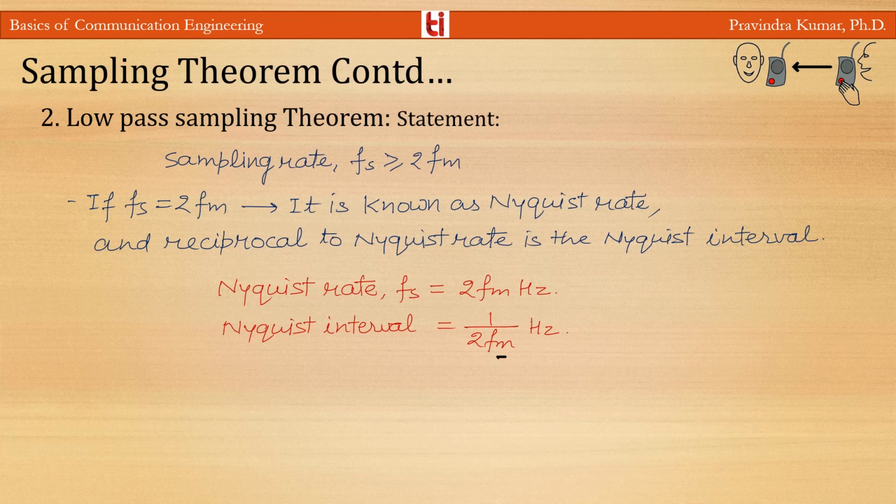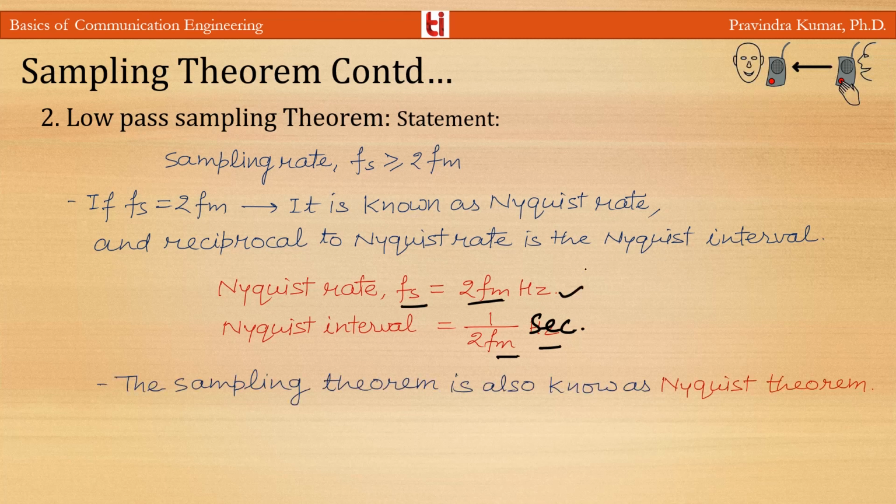So the Nyquist interval is 1 by 2 fm seconds, and the Nyquist rate fs is 2 fm hertz. The sampling theorem is also known as the Nyquist theorem.